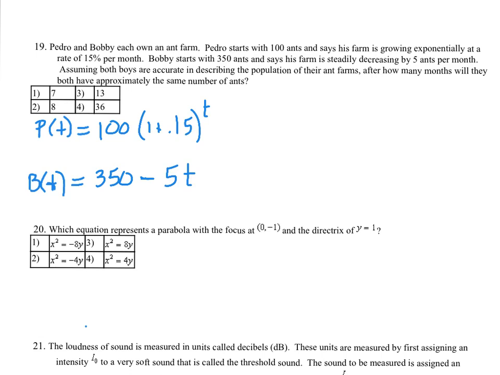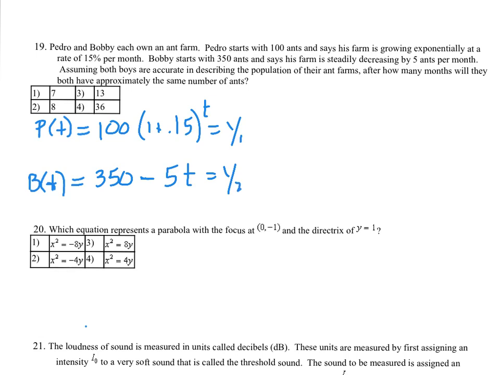So basically, if you read the last sentence, it's saying, assuming both boys are accurate in describing the population of their ant farms, after how many months will they both have approximately the same number of ants? So they basically want to see where these 2 equations intersect. Calculator. So what I did was I put this in my y1, and I put this in my y2.